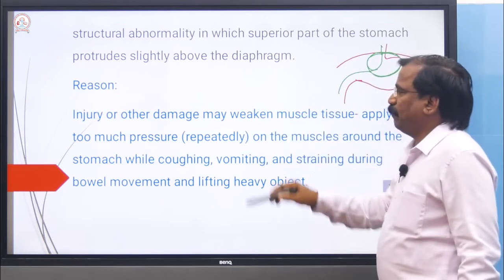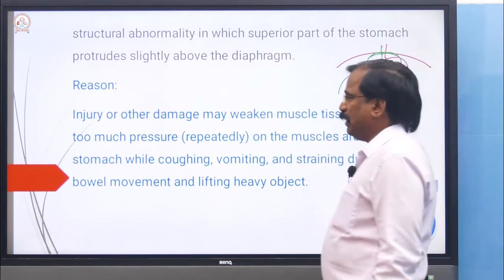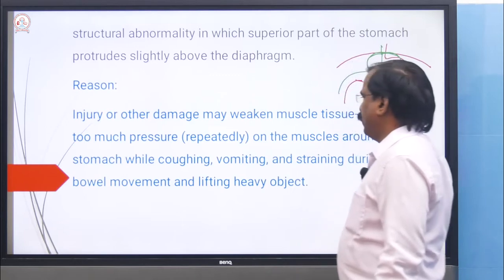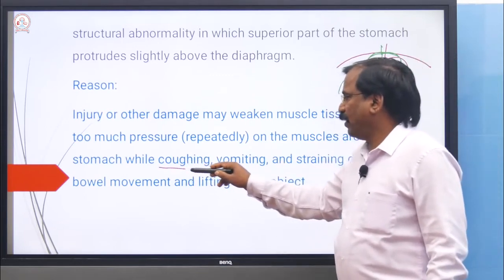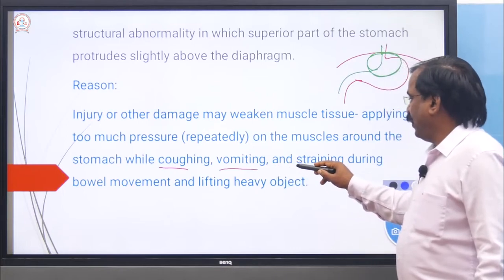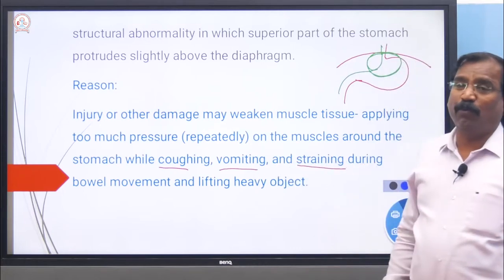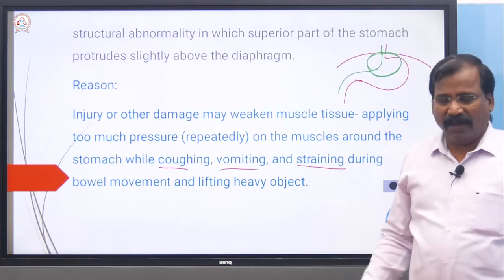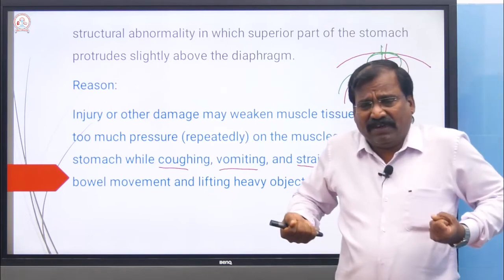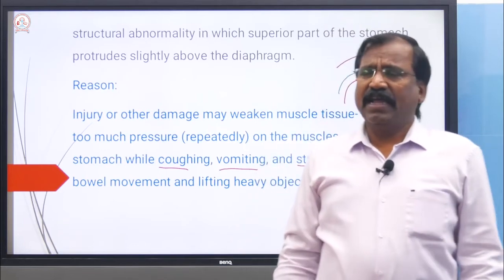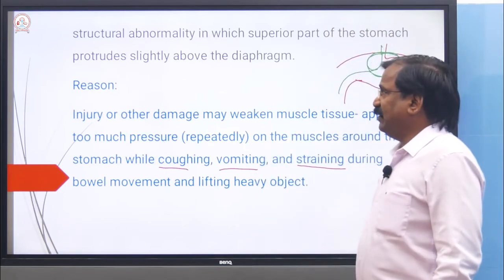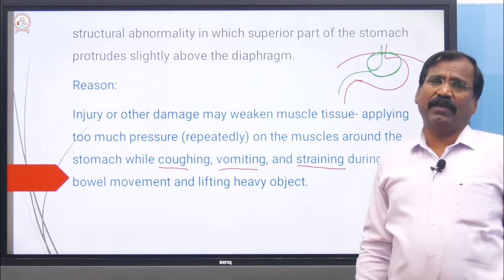Because of this too much pressure, damage, that pressure at the time of coughing, vomiting, straining during the bowel movement, defecation, and heavy weight lifting, more pressure to lift the weight. So these were the reasons for the hiatus hernia.